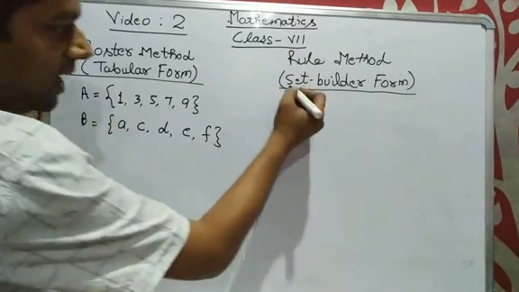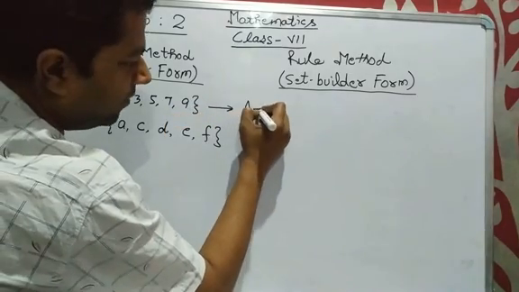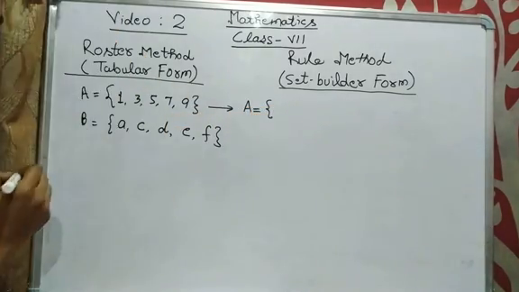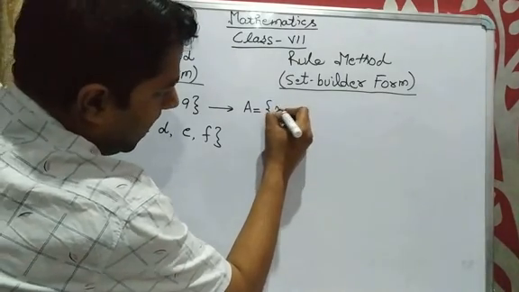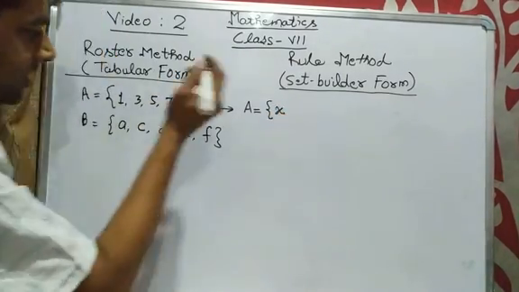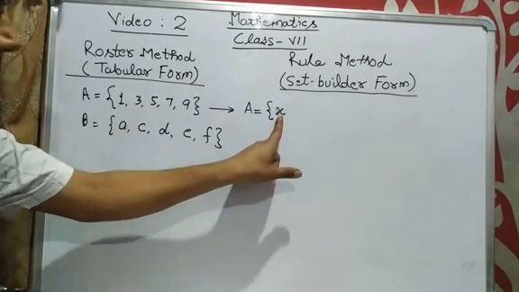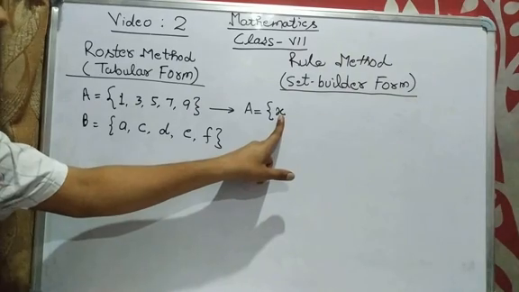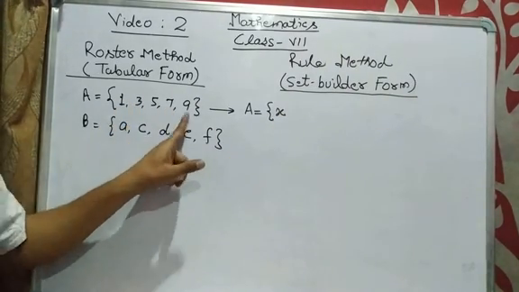In the set builder form, we write A is equal to {x : ...}. x represents each element one by one. This x variable will represent each element one by one.